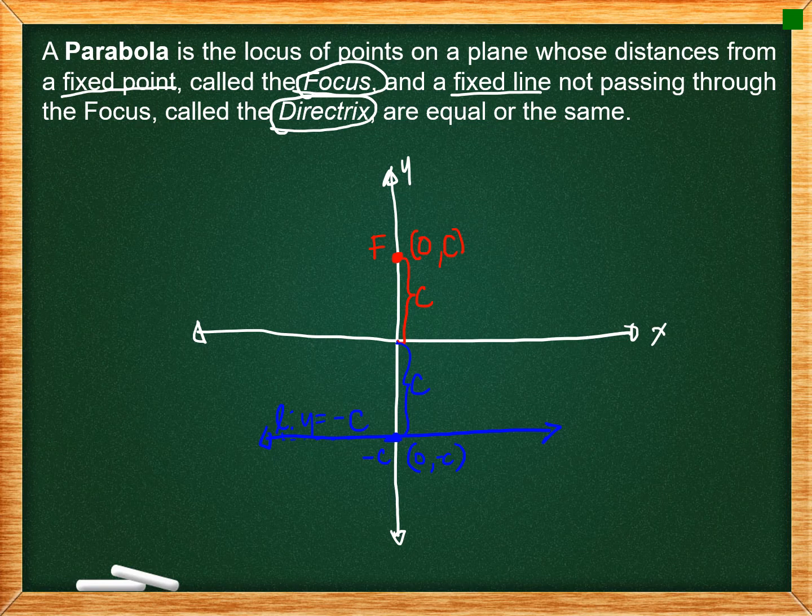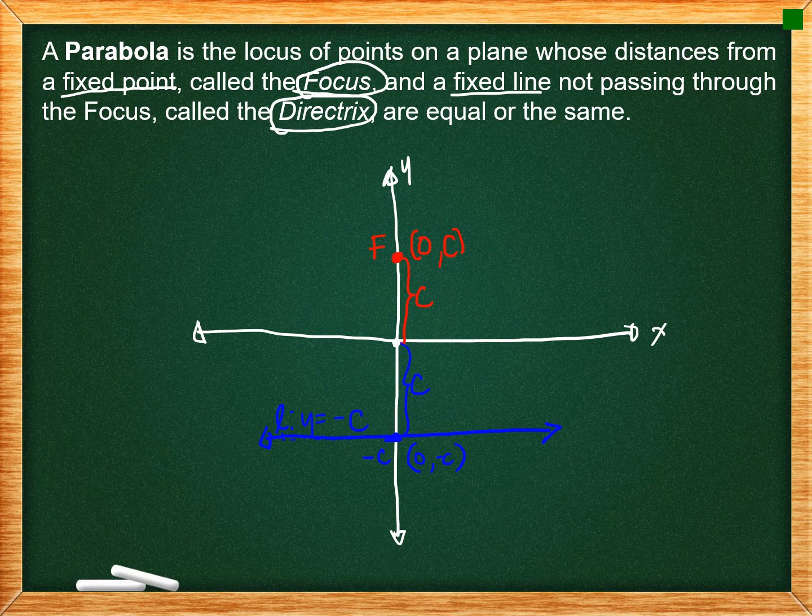Now, let's start plotting for the parabola. So obviously, because the distance from the origin to F is c, and the distance from the origin to line L is also c, there is an equal distance between the origin, the focus and the directrix.